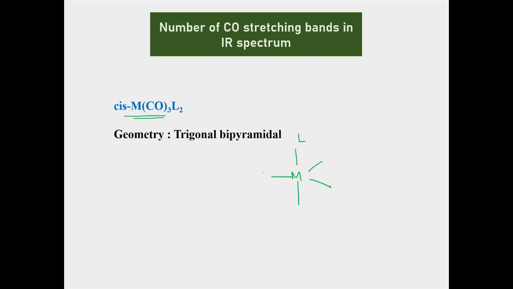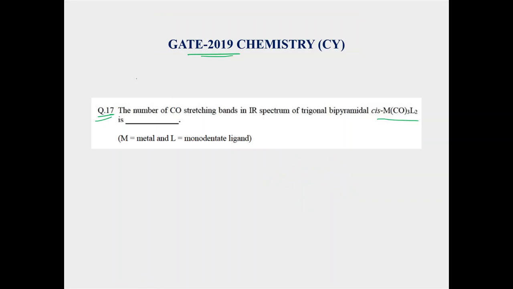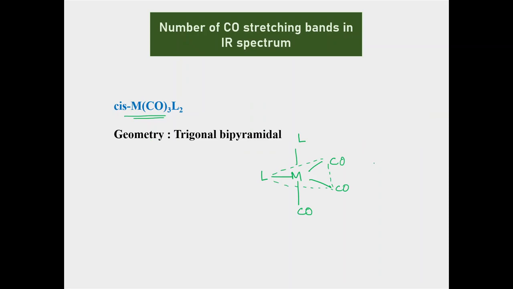That means we will keep these two L, these two ligands, cis to each other, and then CO, CO, CO. So this is the structure of this complex. Now they have also said here that L is a monodentate ligand and M here is the metal. So this is the given compound.